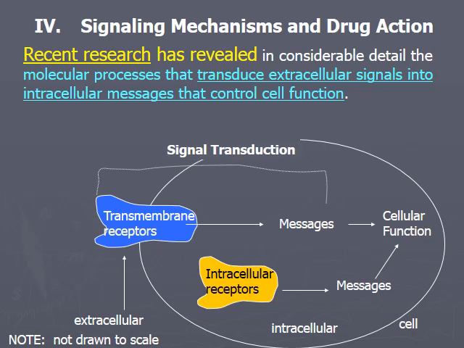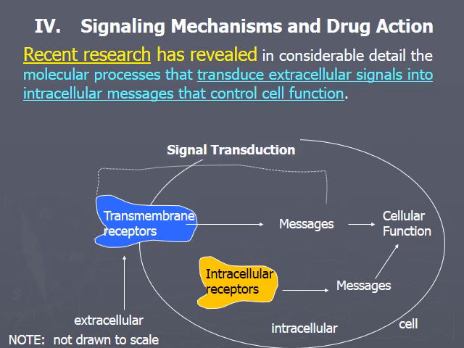We have an external portion that binds to the drug. It's called the drug binding domain. And we have an internal portion. And we sometimes call it the cytoplasmic domain.